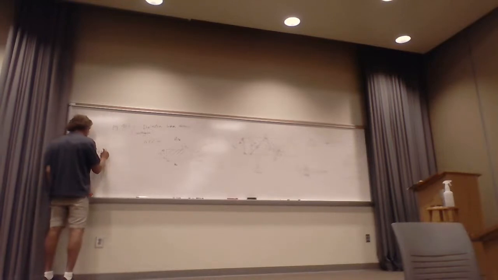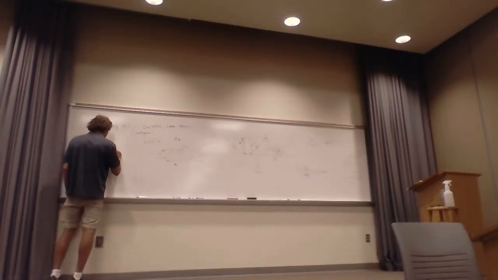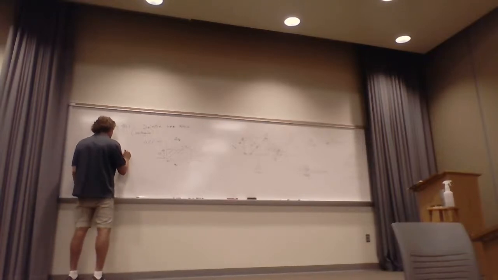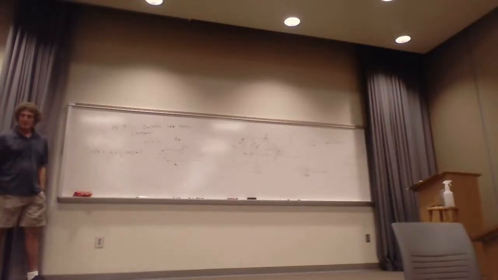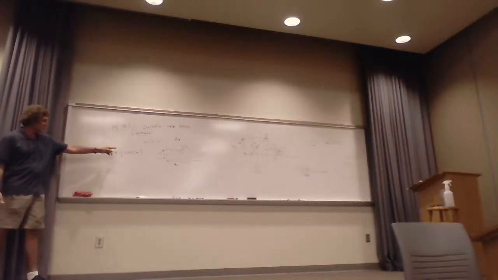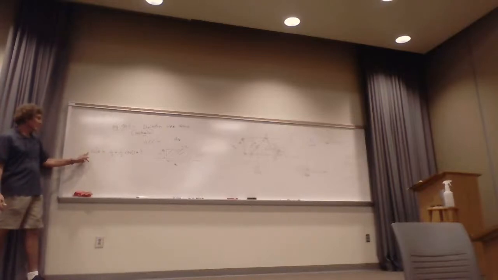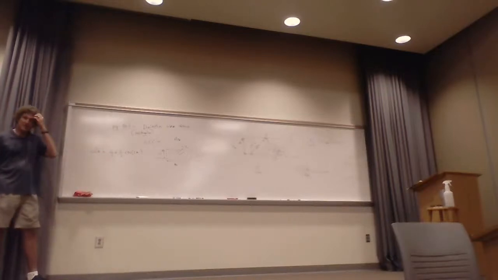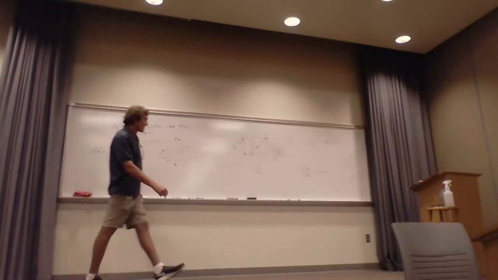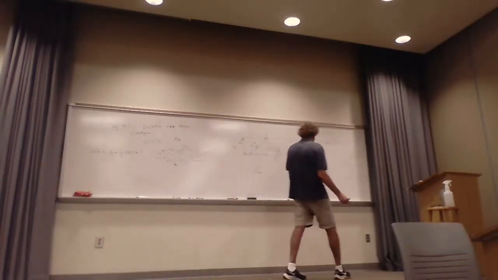Cosine squared of theta is equal to 1/2 plus 1/2 cosine of 2 theta. You all remember those type of things, right? So I can go ahead and say cosine of 2 theta right there is 2 times cosine of theta squared, minus 1. Then I plug that in here.